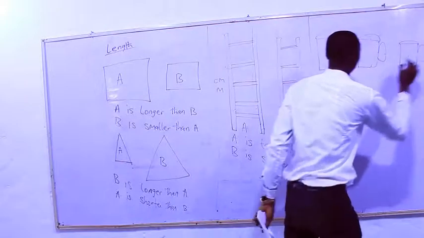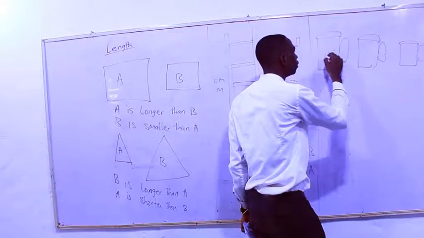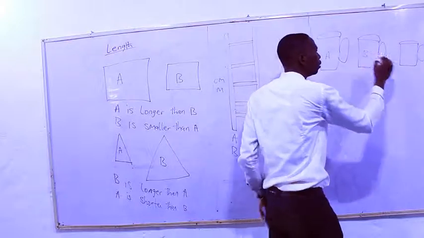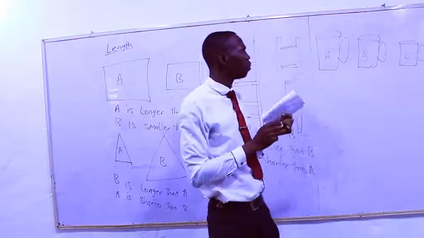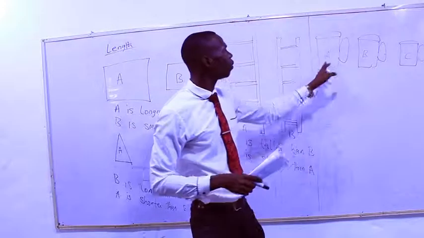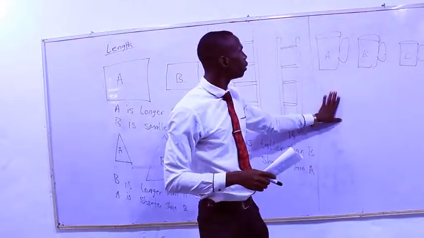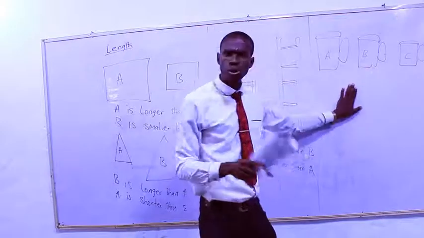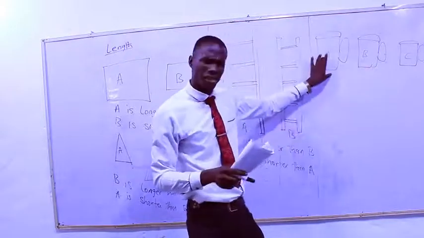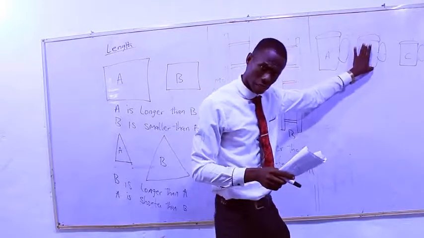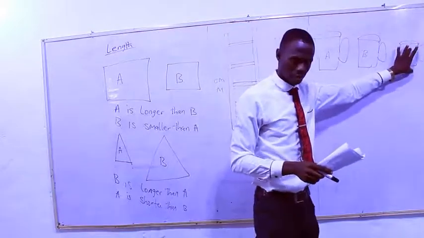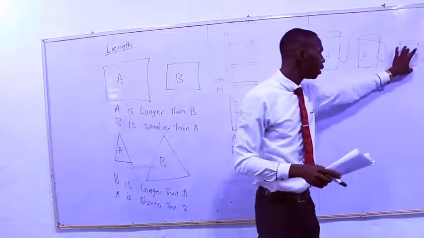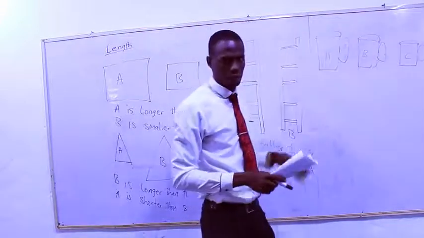I have cup A, cup B, cup C. How am I going to put this? From the drawing, you will see that A is bigger than B. B is bigger than C. C is shorter than all of them.